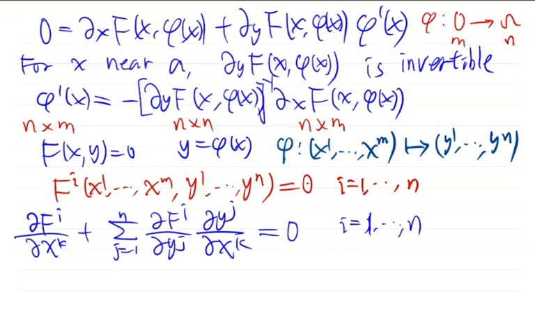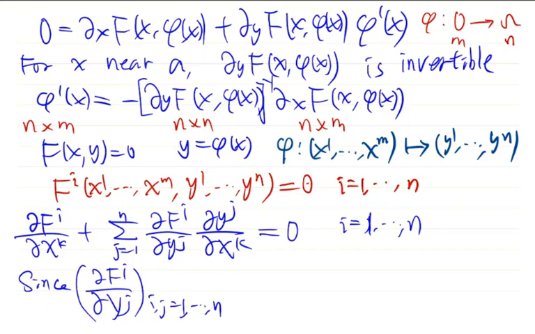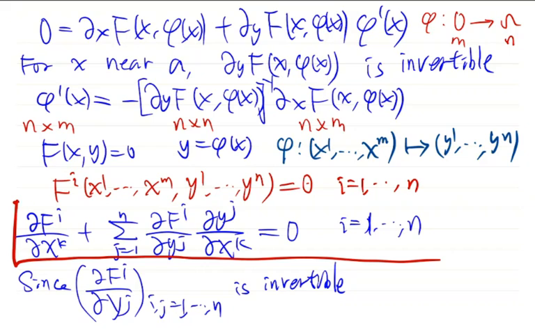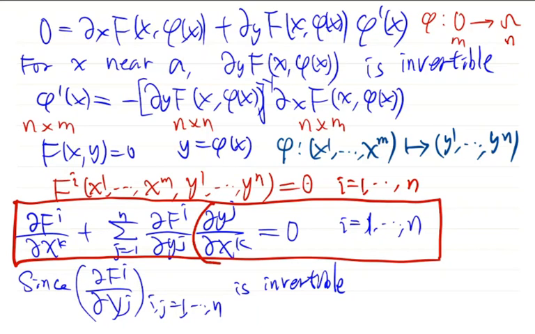Now, from this, since this matrix, with i and j from 1 to n, is invertible, we consider this as a system of linear equations, in which the dyj/dxk are the unknown quantities.